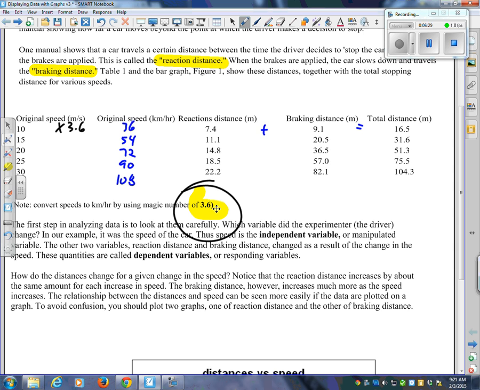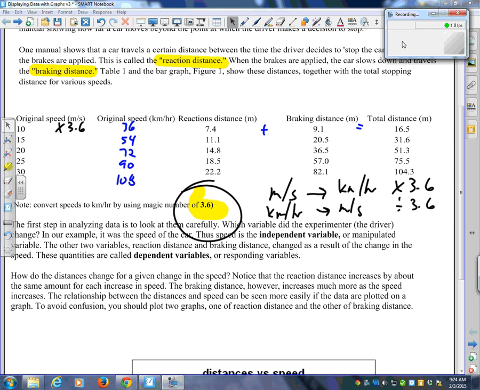Now, remember, if you're going from meters per second to kilometers per hour, it's multiplied. And if you're going from kilometers per hour to meters per second, it's going to be divide. You need to have that on your cheat sheet. I'm not going to give that to you.